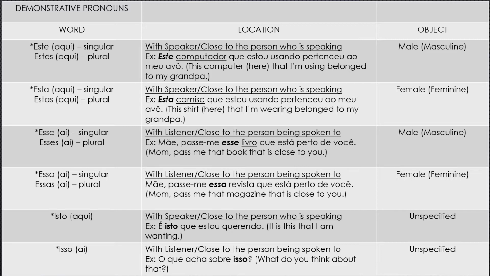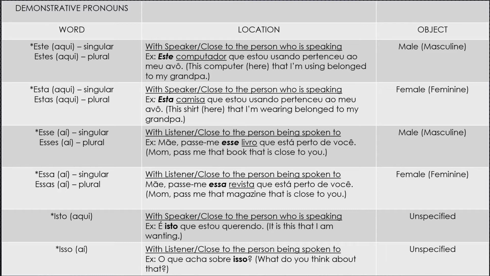The computer is here with me, and because computador is a masculine word and it's singular, you use este. Of course, if it was computadores, plural, masculine, you'd use estes. But este computador, this computer right here with me.